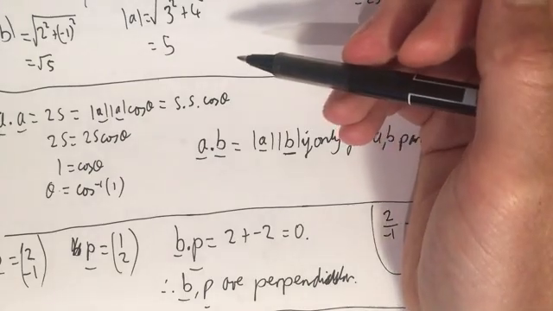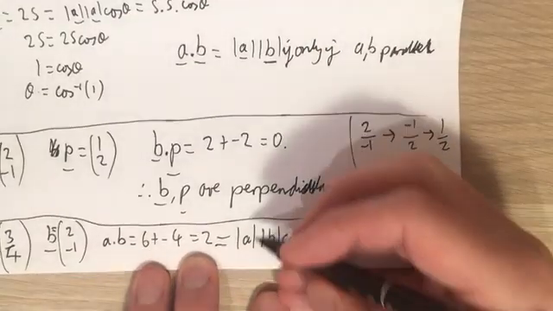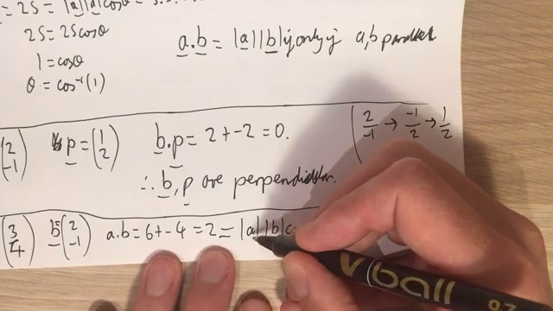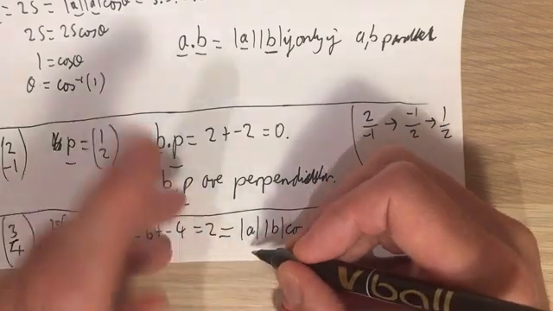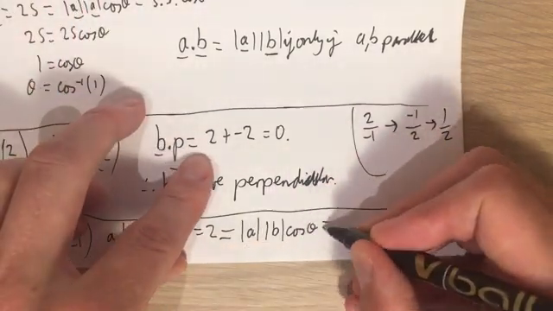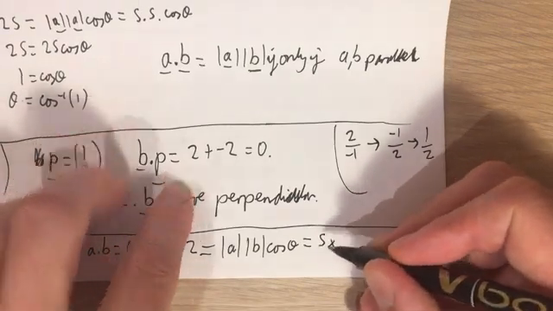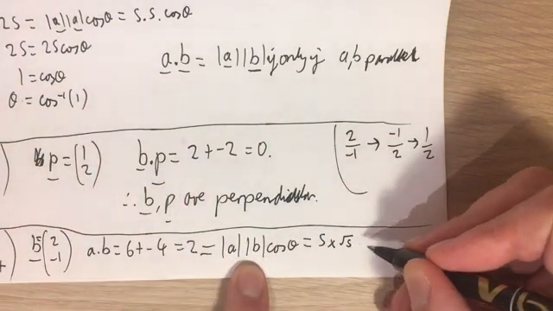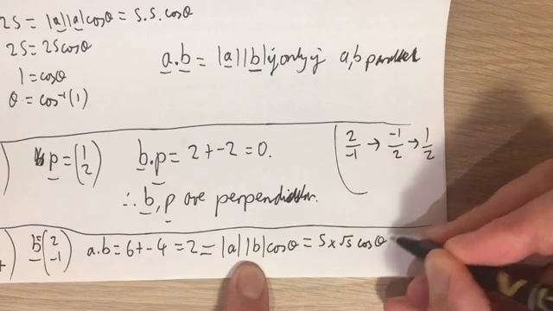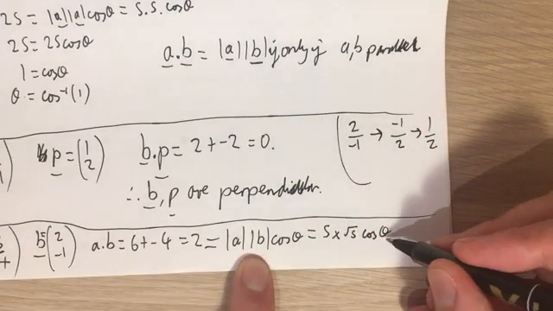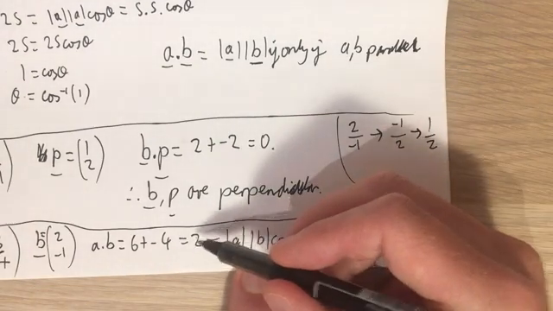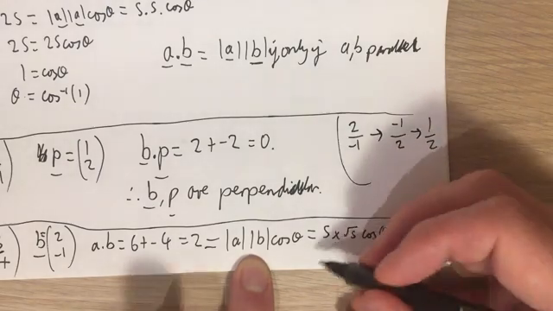Anyway, let's work it out. The length of A was 5, so that should equal 5 times root 5 cos theta. So I can work out what theta is because I know that 2 is 5 times root 5 times cos theta.